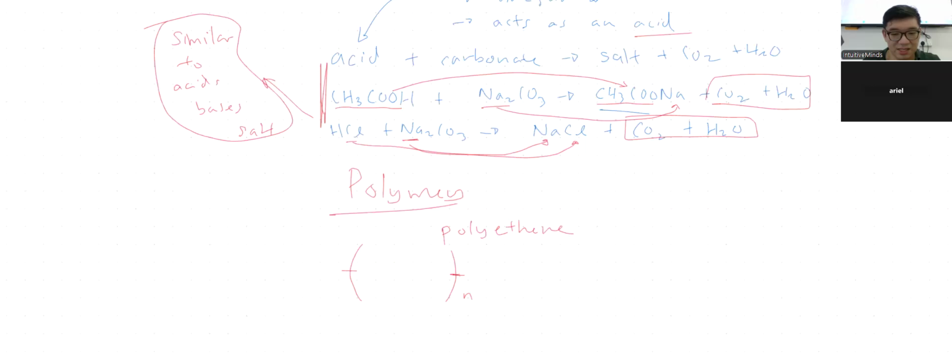For a polymer, there will always be two repeating units, right? May not be two repeating units. They can ask you for three. They can ask you for one. What I've drawn is one repeating unit.